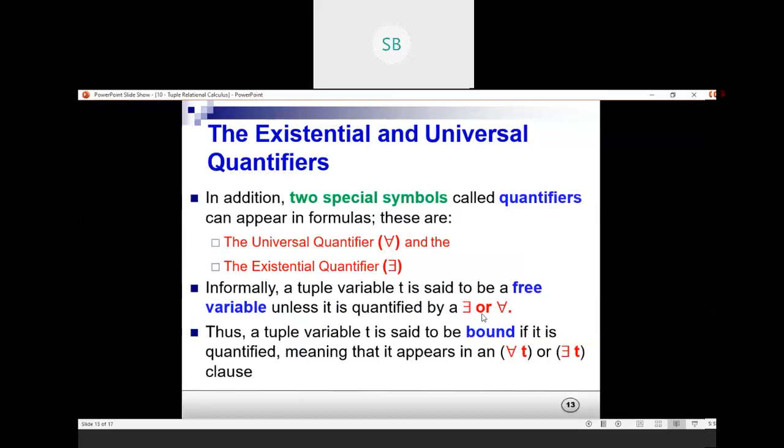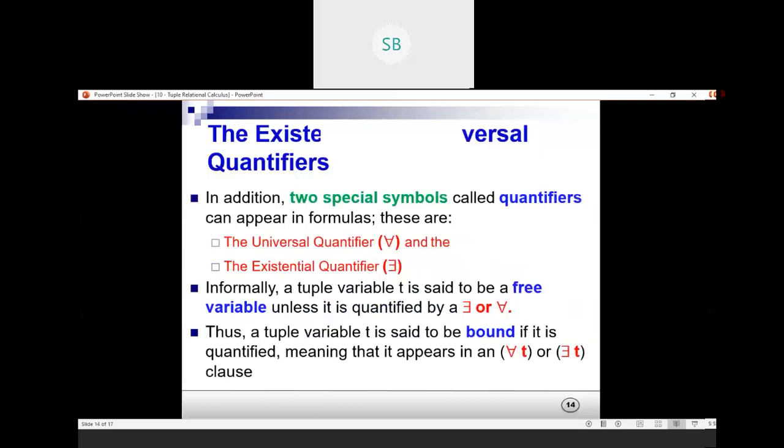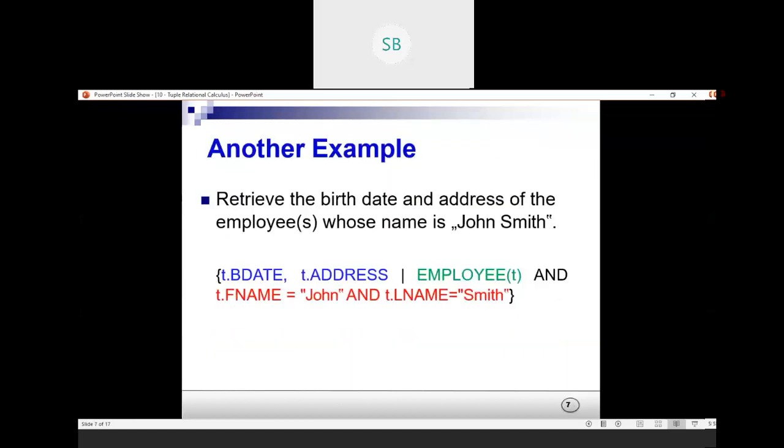So what is a free and bound tuple variable? Whenever we use any of these quantifiers with a variable, that variable becomes bound. And if we do not use any quantifier with that variable, then it is free. In the examples we have seen up till now, including the last example, we haven't used any quantifiers.